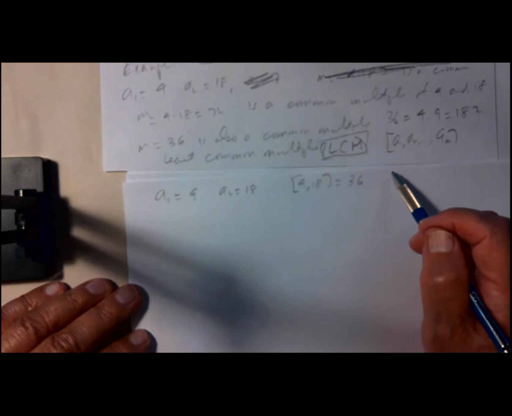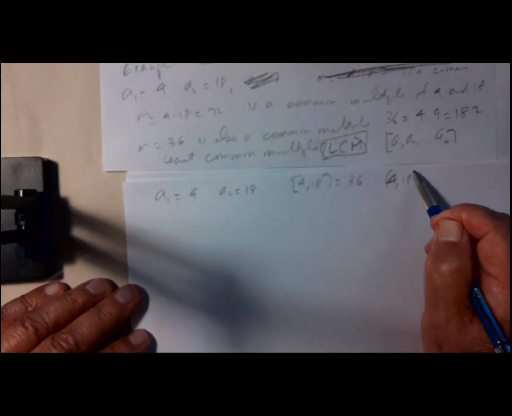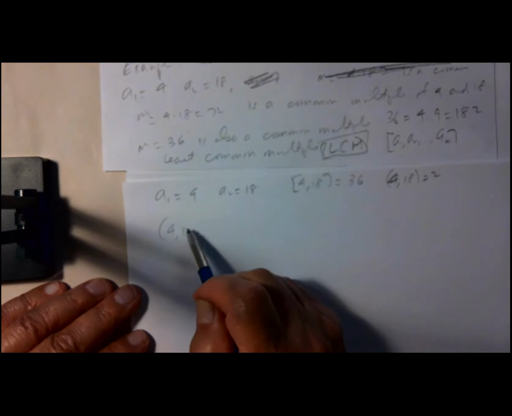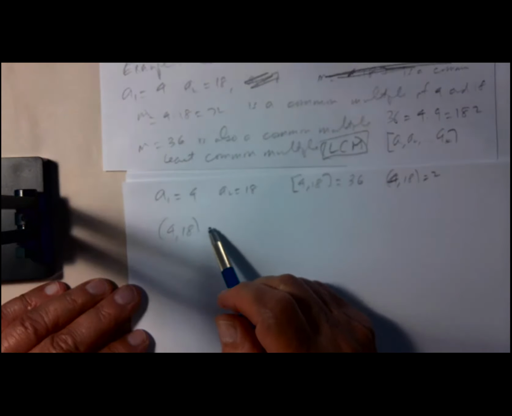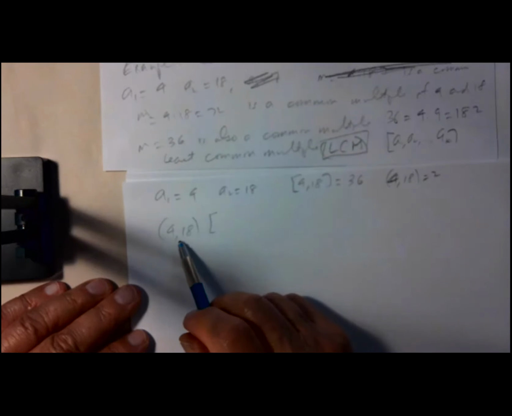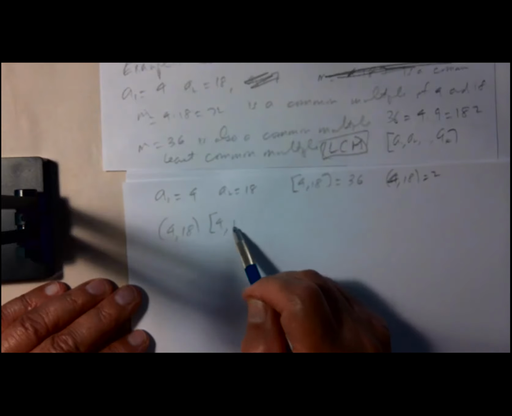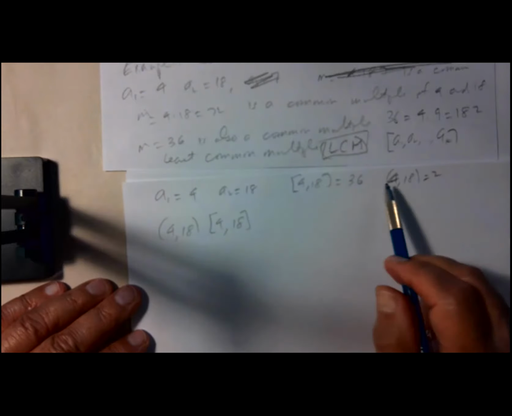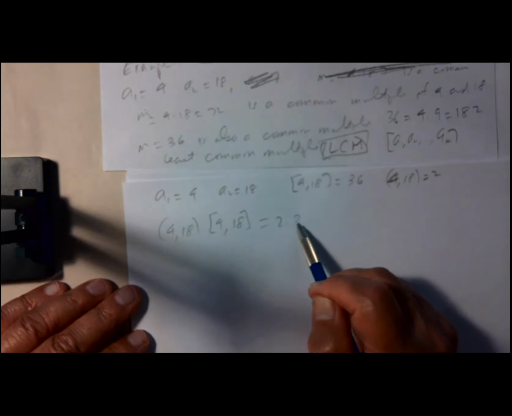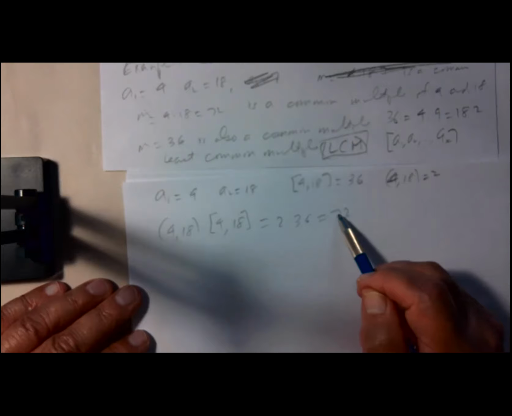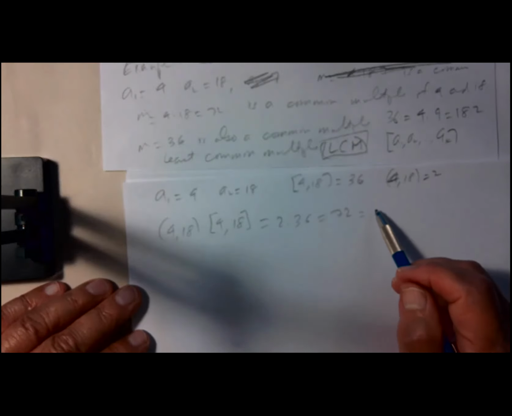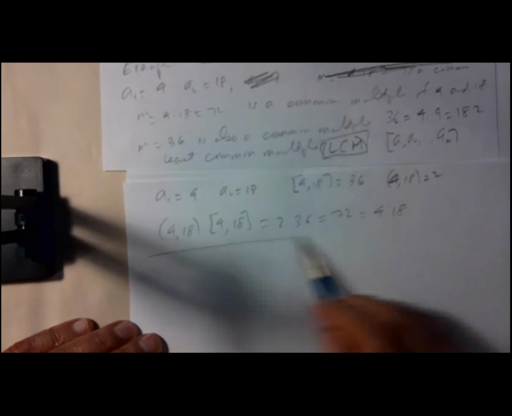The greatest common divisor of 4 and 18 is 2. And in fact, if you check, the greatest common divisor of 4 and 18 times the least common multiple of 4 and 18, that's 2 times 36, which is 72, which is in fact 4 times 18. So that's an interesting relation.